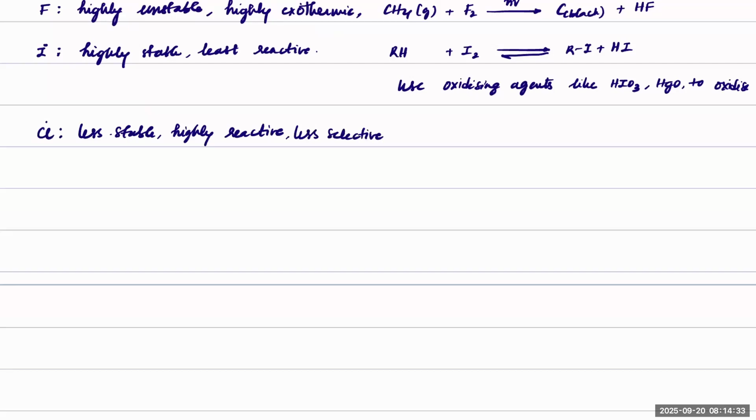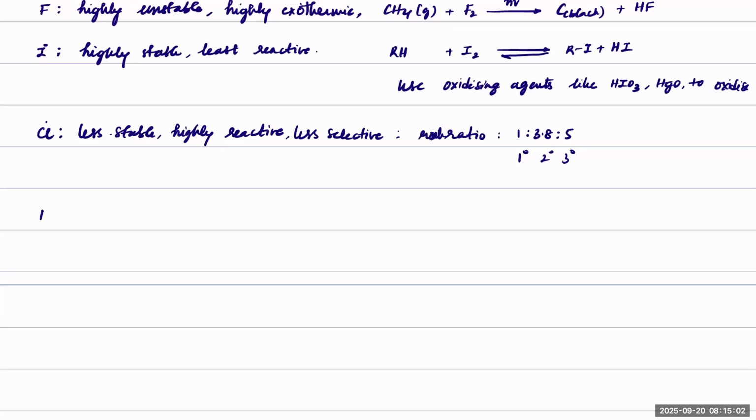Less selective means that out of 1 degree, 2 degree and 3 degree, its selectivity is relatively less in terms of stability. So if you compare the rate ratio, it is 1 to 3.8 to 5 for 1 degree, 2 degree and 3 degree. This is the rate for chlorine.